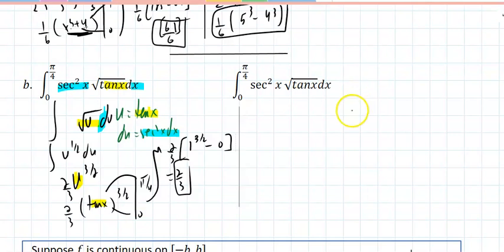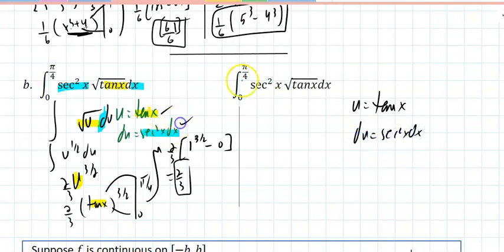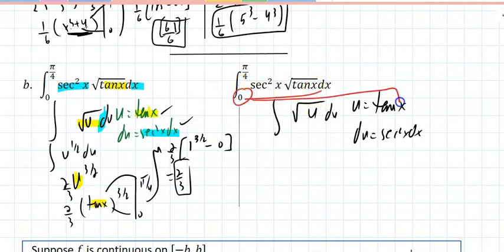I strongly suggest that you use the alternative. I strongly suggest you let u equal tan of x. Du is secant squared. So this work is the same as this. Square root of u, du, the integral. Change the limits. If x equals 0, tan of 0 is 0. If x equals pi over 4, tan of pi over 4 is 1.